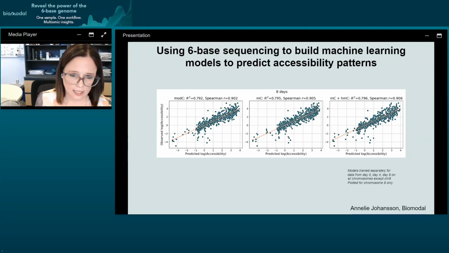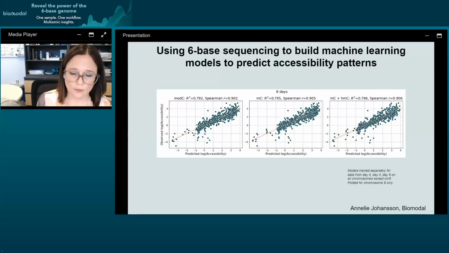And in the final two slides, I wanted to mention that we have been working with data scientists at Biomodal to understand whether we could use machine learning to use methylation to predict accessibility behaviors. So we've been able to take the data that we've generated with ATAC-Me combined with the data generated using 6-base sequencing to train machine learning models to predict accessibility patterns.